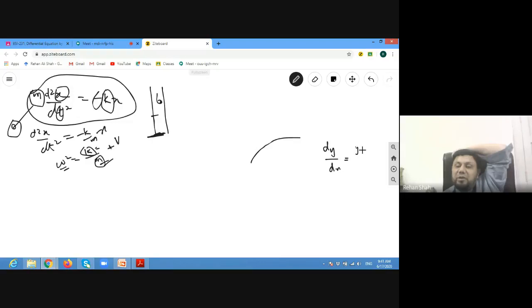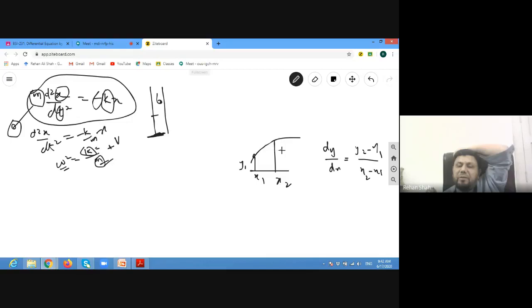If you take the derivative, the derivative is equal to y2 minus y1 divided by x2 minus x1. Suppose you are at this point, this is your value of y1 at point x1, and at this point this is your y2 at x2.